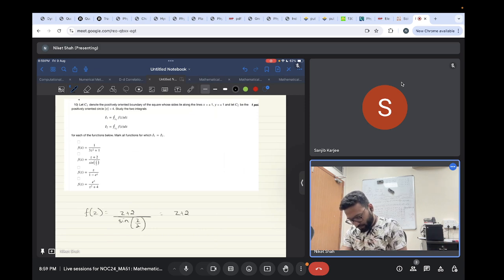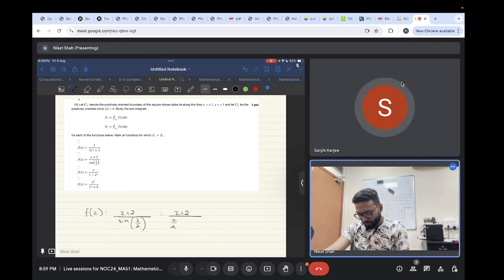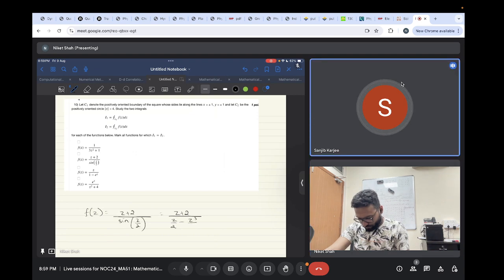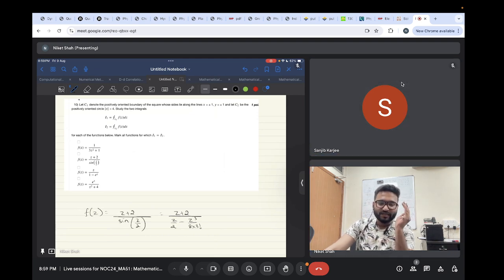So z plus 2 divided by, what's the Taylor expansion for this? Sine z. We can Taylor expand this about the origin. What's the sine z Taylor expansion?